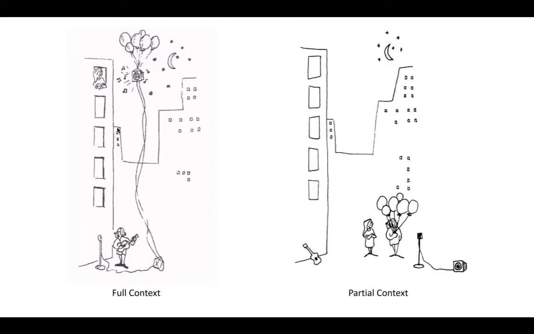So the full context, if presented before, was hypothesized to have the best comprehension. The partial context would lead to some amount of understanding but not complete understanding. And when the full context is presented after, it can have kind of similar effects as not having the context at all because you're exposed to the context right at the end.